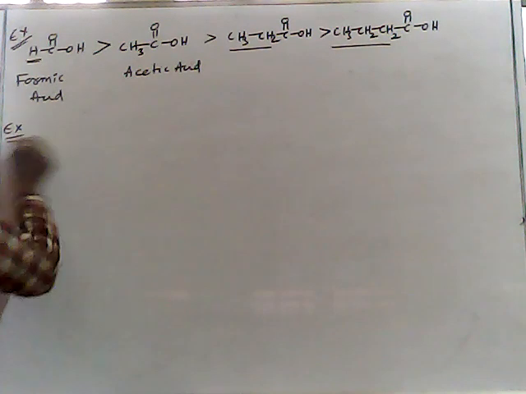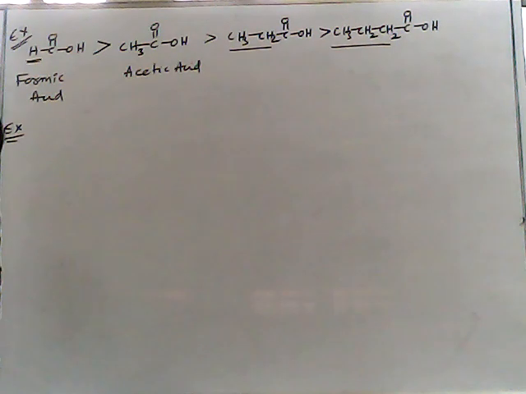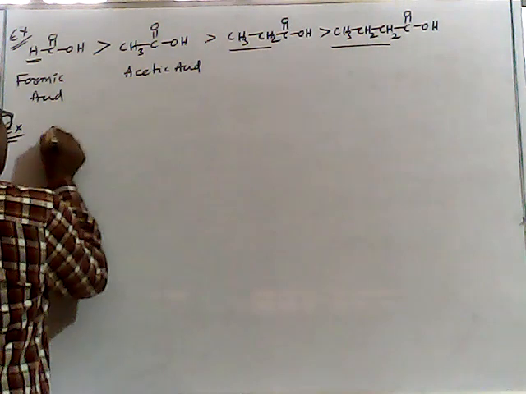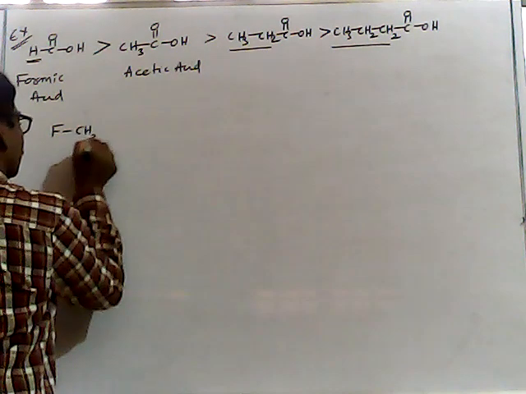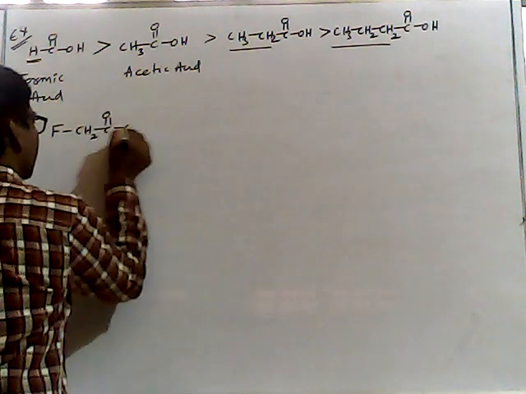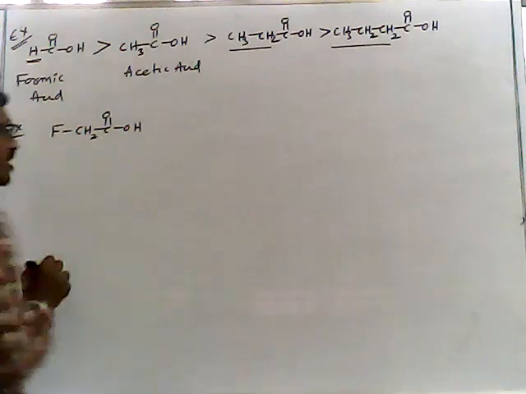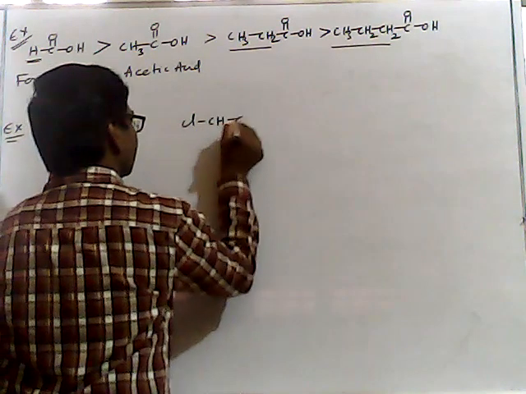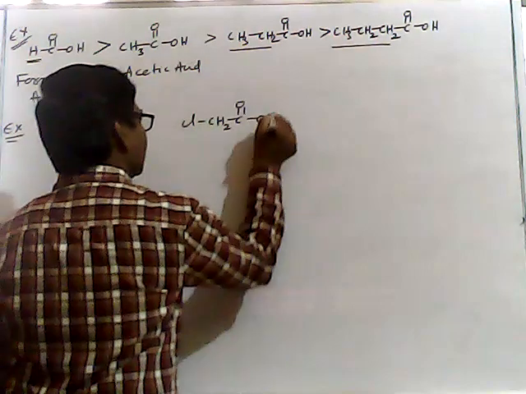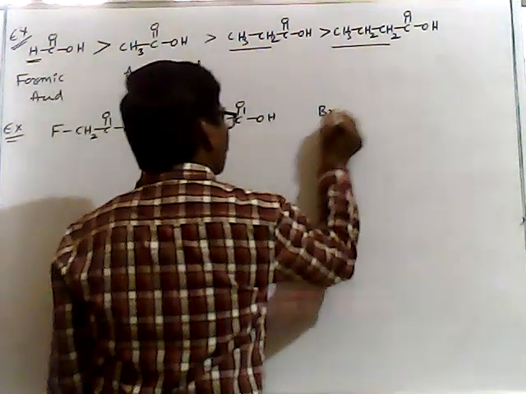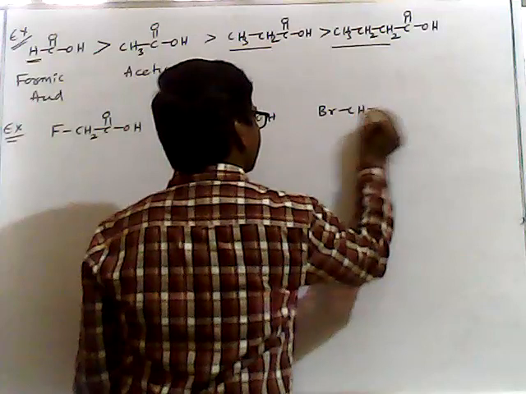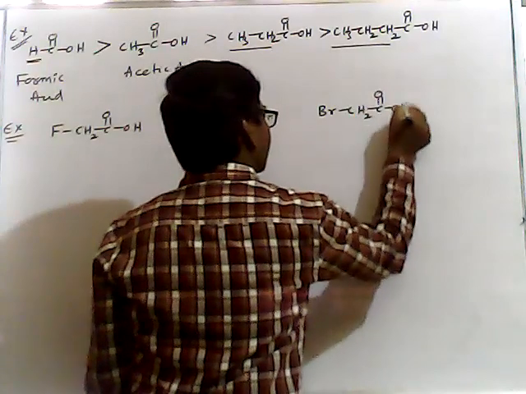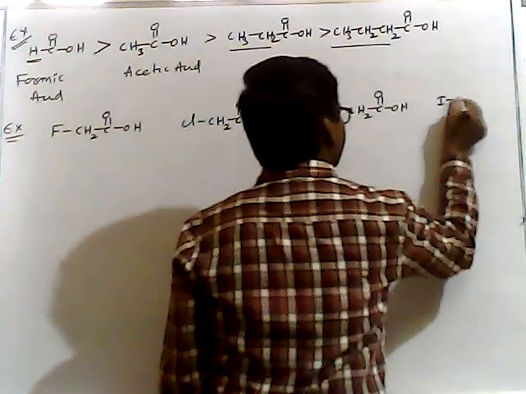Next, one more example I am giving here. See here, I am taking F CH2 C double bond OH. See what is happening here? Fluoroacetic acid. Then here I am writing chloroacetic acid. Then you can expect bromoacetic acid. Then iodoacetic acid.